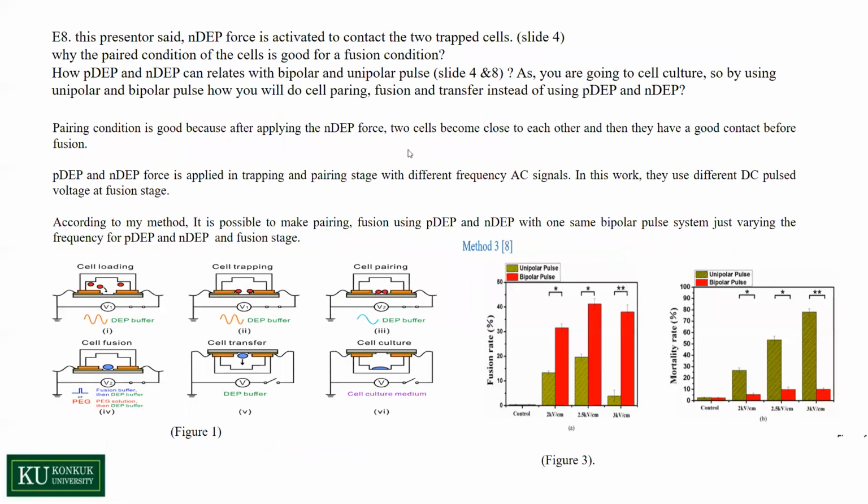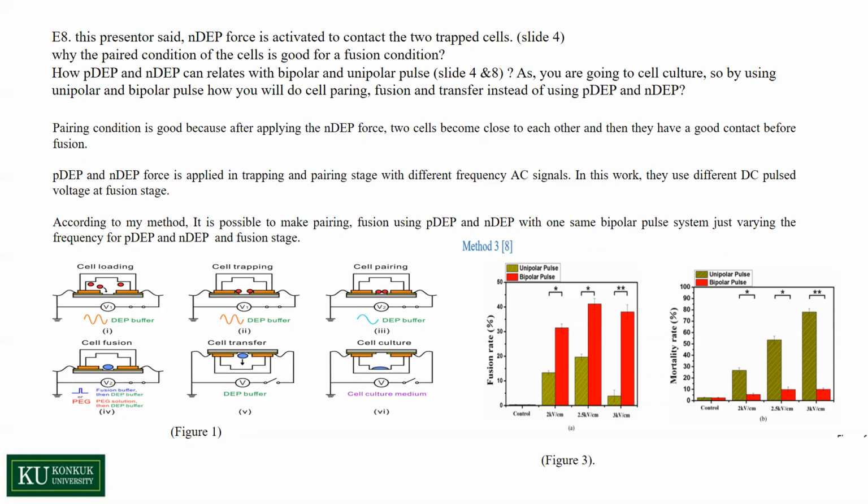In the last questions, I'm asked, the DEP force is activated to contact two cells. The question is why the paired condition of the cells is good for fusion. I already described in this presentation that after the positive dielectrophoresis force is applied, the cells are attached to the trenches where the electric field is higher, but they keep a distance.